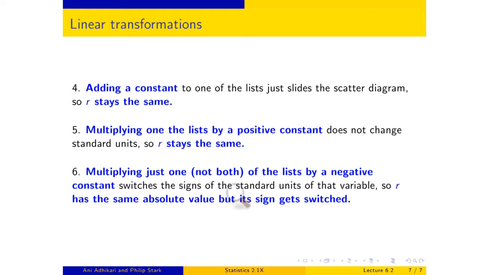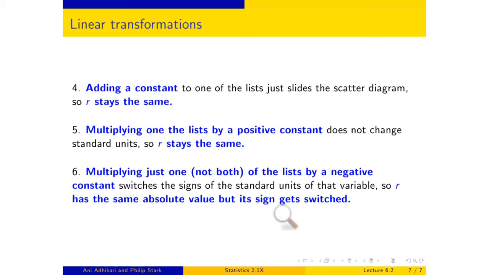Something that was 2 standard deviations above average will now be 2 standard deviations below average. So what will happen to r? Well, the numerical values of the products will all be the same, but their signs will be flipped, and so r will have the same absolute value, but its sign will be switched.